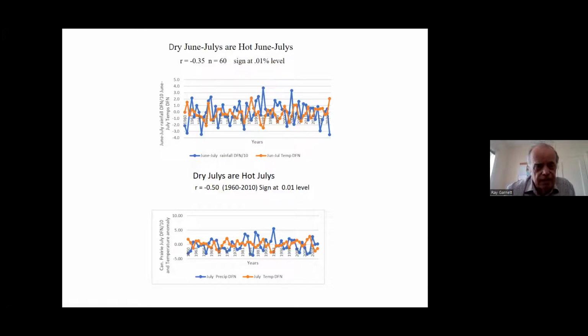And you can see this is the temperature, and this is the dryness. And so there's an inverse correlation in terms of when they're dry, they tend to be hot. And it's especially in the case of Julys. And that's, as I said before, probably the single most important month. And okay, I think I've made my point on that one. Next.